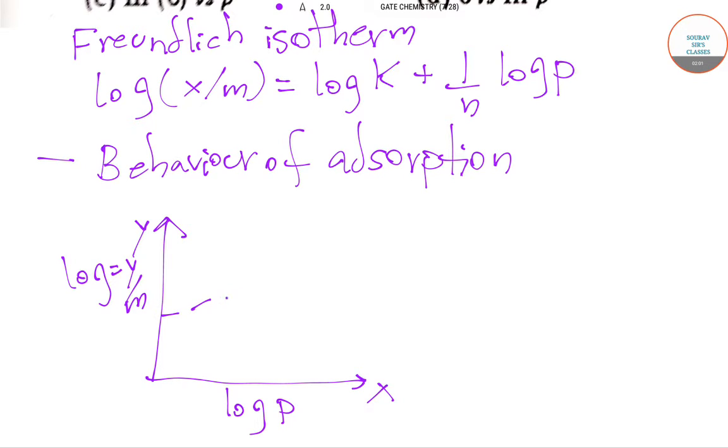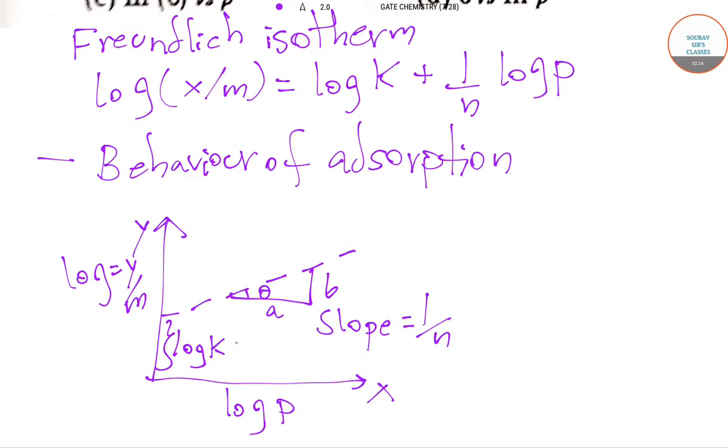We can get a slope like this, where this is theta, this is A and B, where the slope is 1 by n and the intercept is log k.